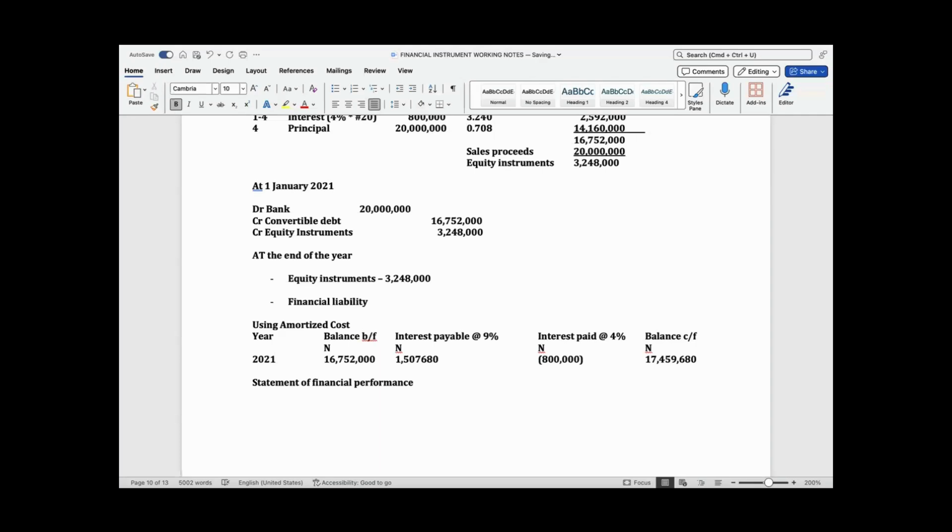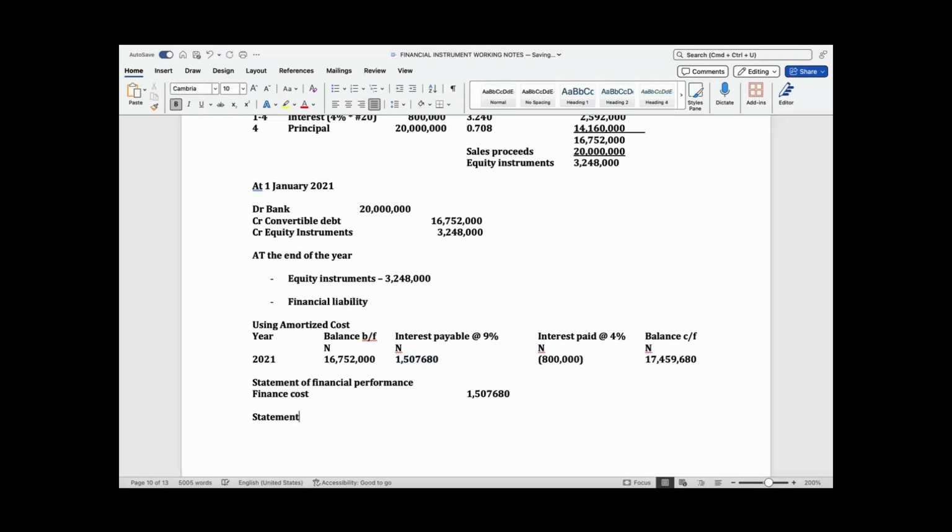So I'll be calling it statement of financial performance going forward. And this finance cost here that goes to profit or loss, I taught you already, is this amount, the effective interest that will show there.